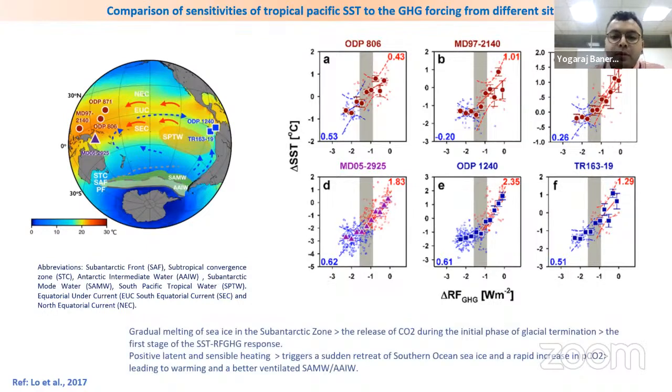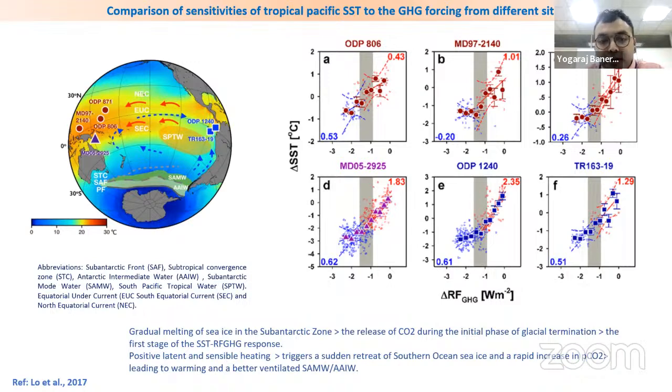So the authors proposed a hypothesis to explain this nonlinear sensitivity: the gradual melting of the sea ice in the sub-Antarctic zone releases CO2 during the initial phase of the glacial termination, and it sets the first stage of the response of SST with respect to the greenhouse gas.